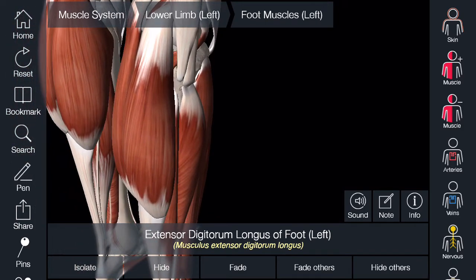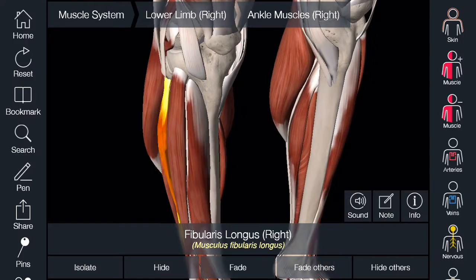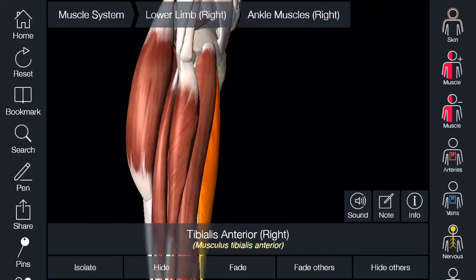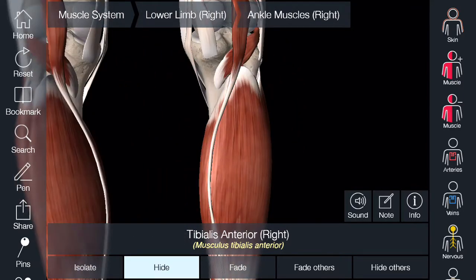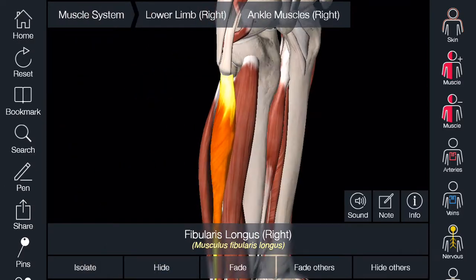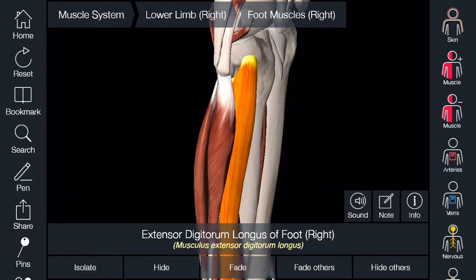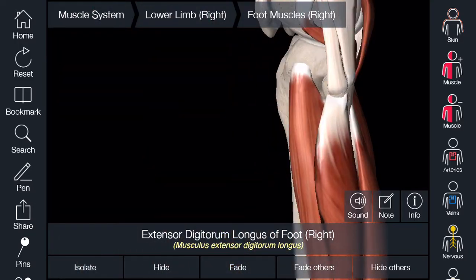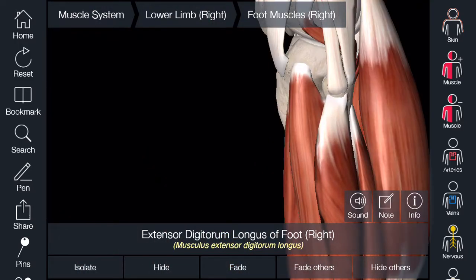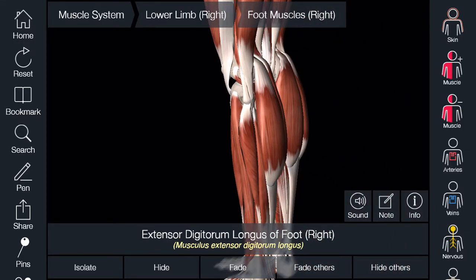This is not working with me here. Nope. Can't get it to function. Let's try one more time. Remove a layer of muscle. No. Nope, I can't get the tibialis posterior to properly display on this model.